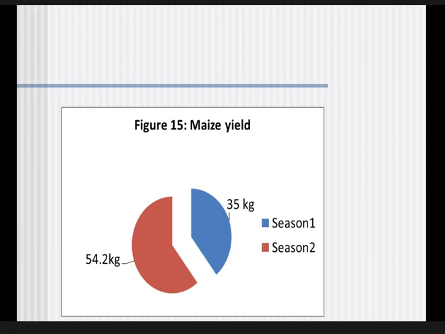Number 3, these 2 points can't make a pie chart. Just collapse this figure into 1 sentence by writing that the yield of maize in season 1 was 35 kilograms, while it was 54.2 kilograms in season 2.